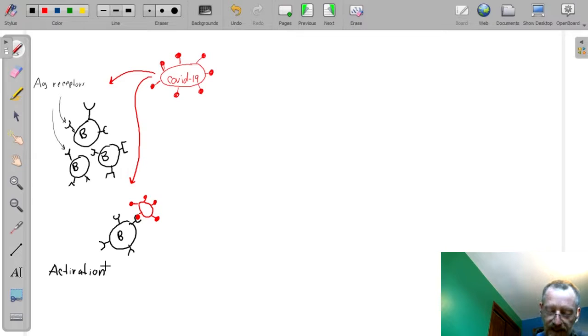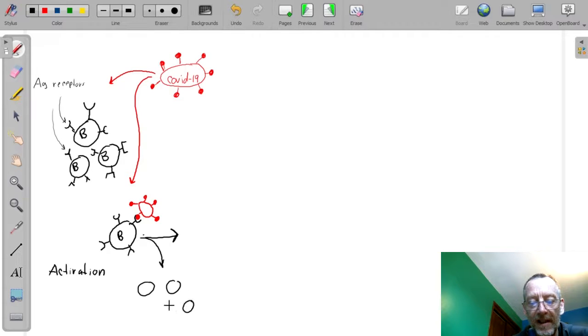And then the B cell divides. And it divides into two daughter cells that give rise to two different populations. So one population of clones from this particular individual B cell make lots of B cells, and these are going to be the memory cells.